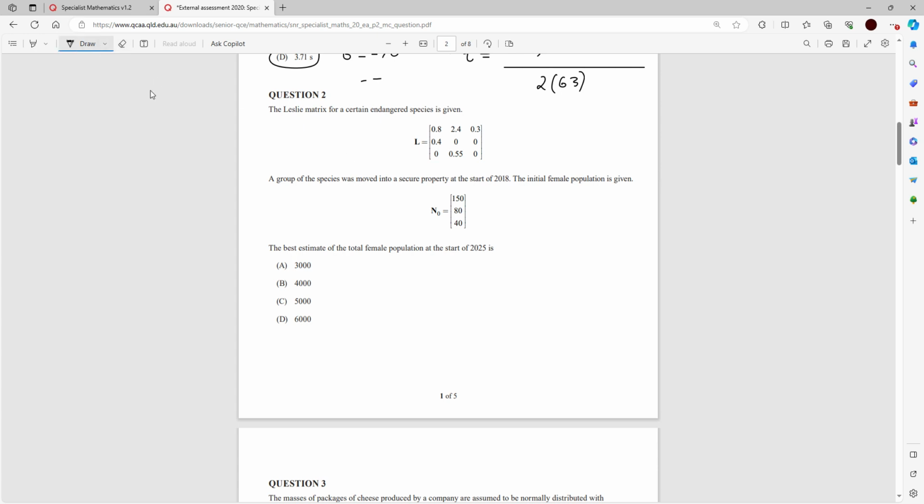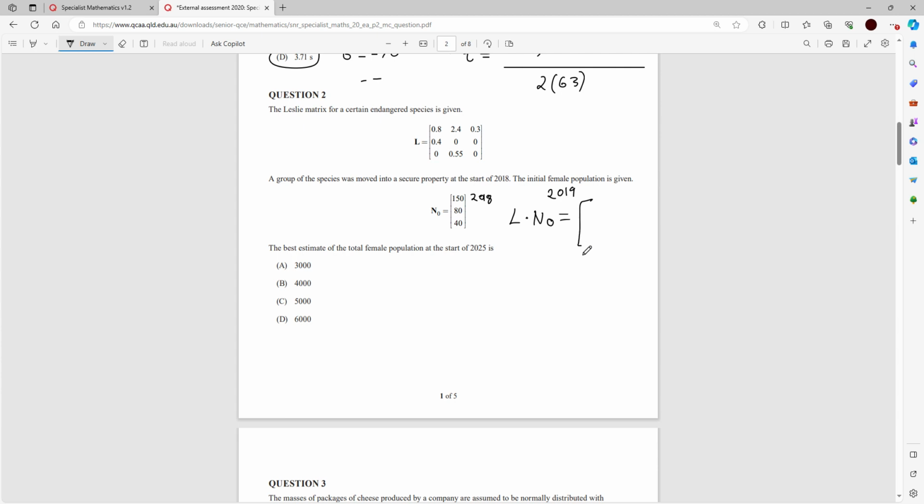So if I were to multiply the matrix L by my initial population N0, that would give me the population 1 year later. So for example, since that's the start of 2018, this operation would tell me the population at the start of 2019. But with a Leslie matrix, if we raise it to a power, it can automatically do that operation for us.